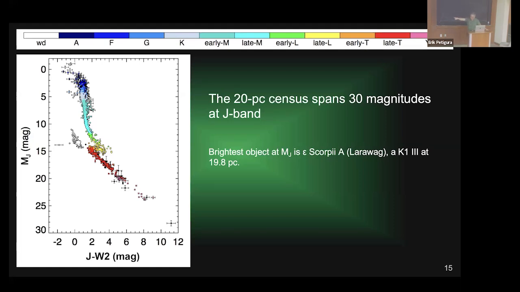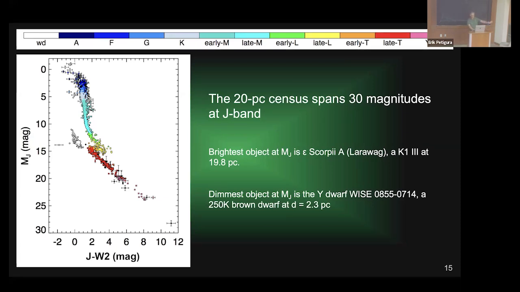On the flip side, down here in the lower right-hand corner, there's that object that has a J minus W2 color of 11. That is the 250 Kelvin brown dwarf WISE 0855 minus 0714. It's at 2.3 parsecs. It's like right here. So we didn't have to go very far out at all to find something that cold. So that gives you an indication of what the IMF is going to look like in the end. Okay, so back to measuring masses.